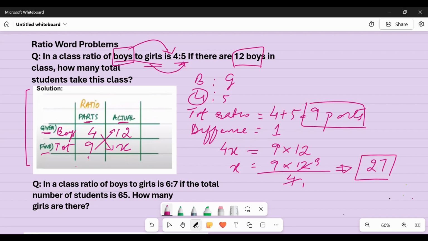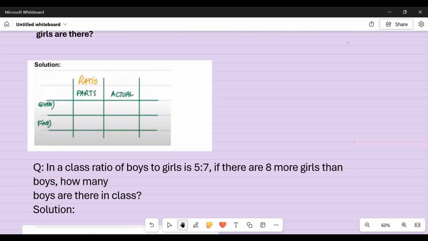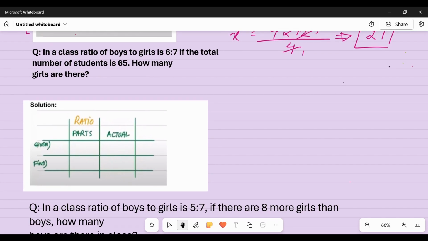Okay. Now let's solve the second question. In a class, the ratio of boys to girls is 6:7. If the total number of students is 65, how many girls are there? Now, in this question, we need to find the number of girls.